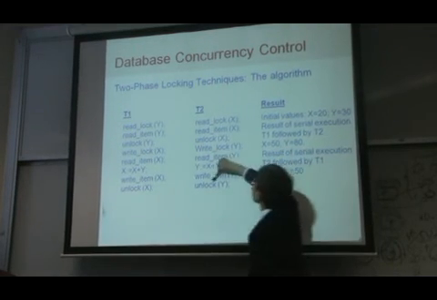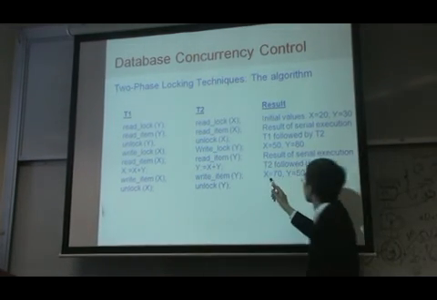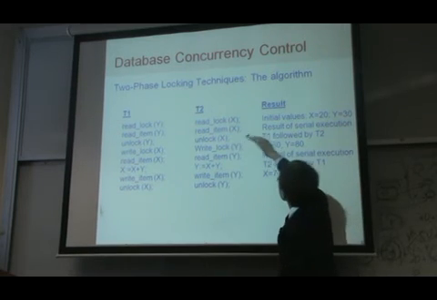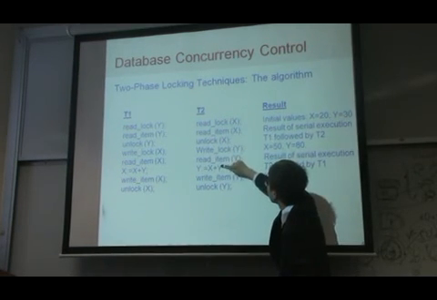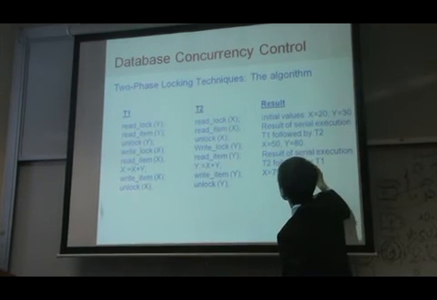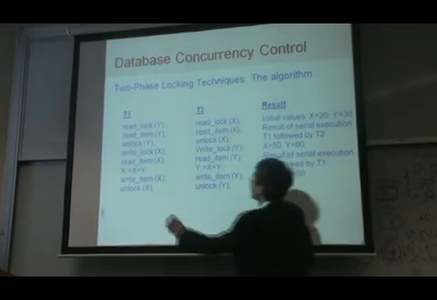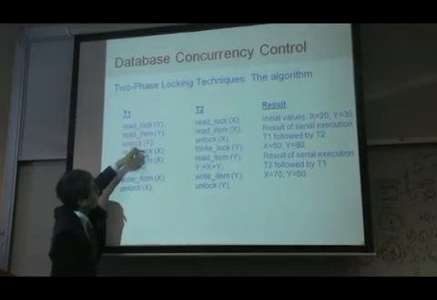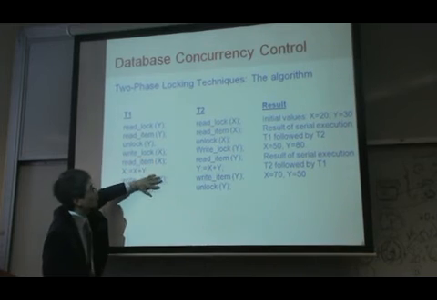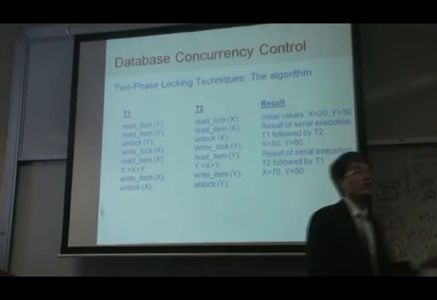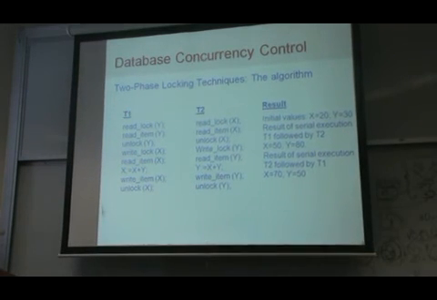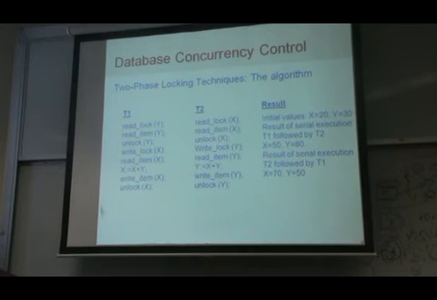What if we run T2 first? Then X is 20, added to Y, so Y is 50. Then with 50, add 20 for X, it will be 70. As you can see, depending on the order of transactions, the output is different.